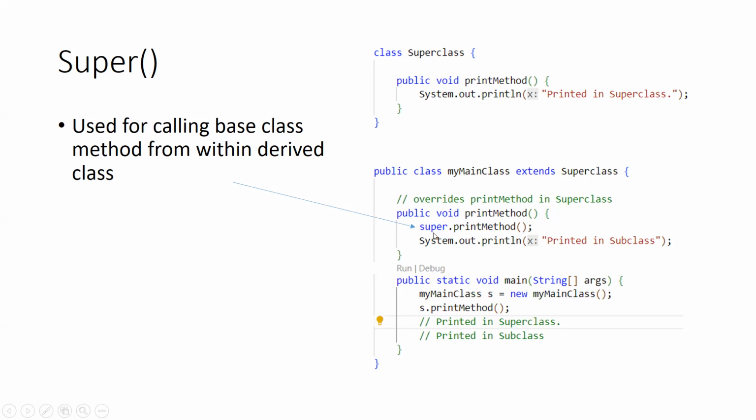Just like you can call the constructor of your base class from the constructor of the child class, you can call any method of your base class from within your child class. So that's it. In the next video, we are going to see collections in Java.